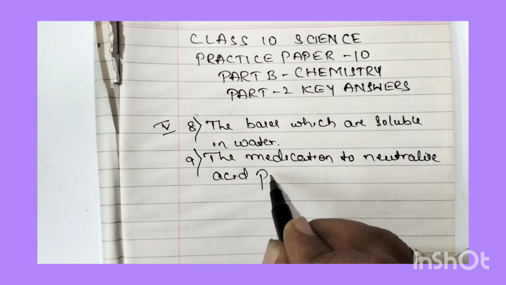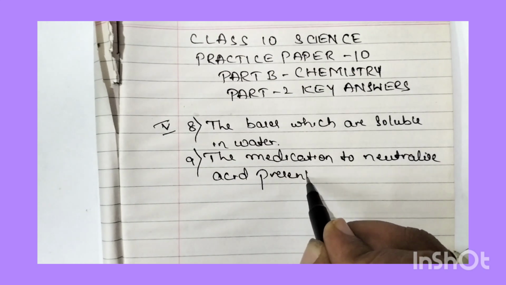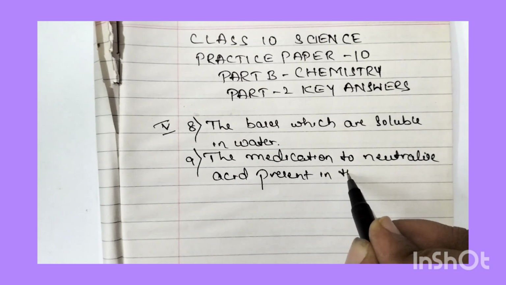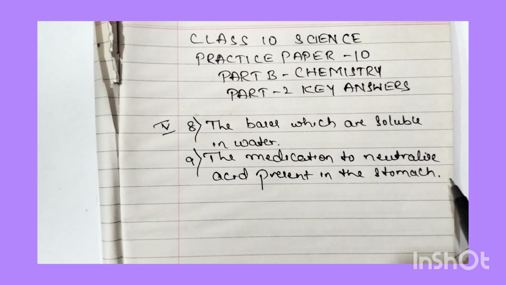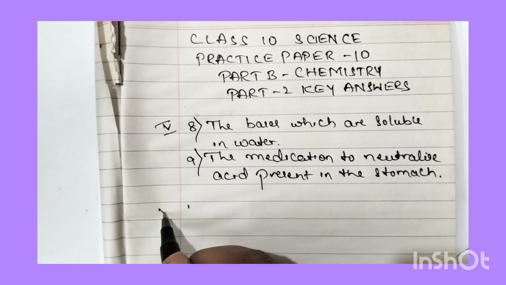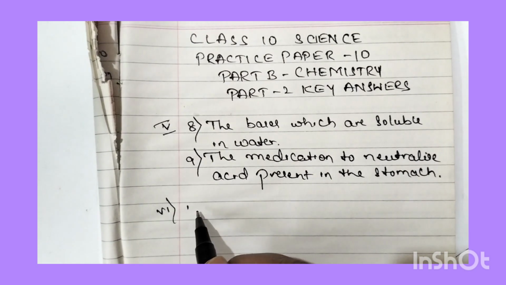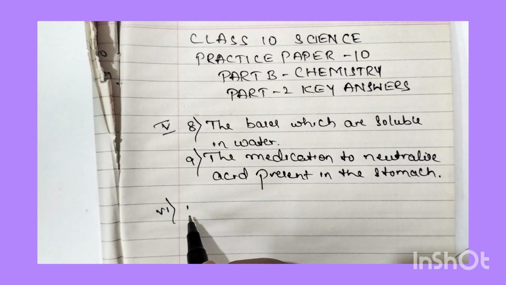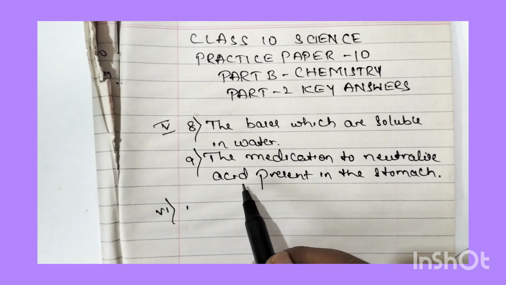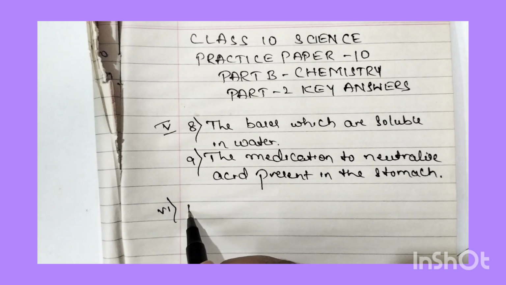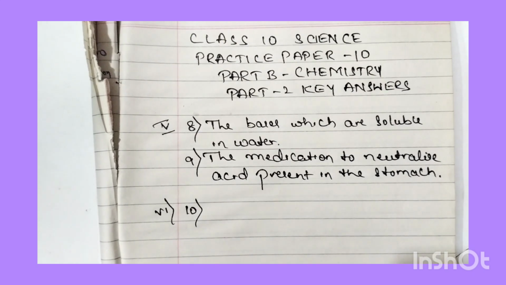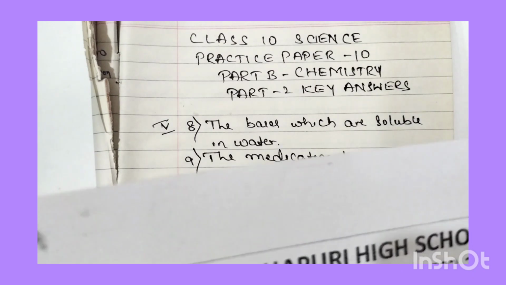The medication to neutralize acid present in the stomach is called an antacid. It is actually neutralization. In our stomach, if more acid is produced, that acid will be neutralized by this antacid. So an antacid acts like a base which neutralizes the acid present in the stomach.